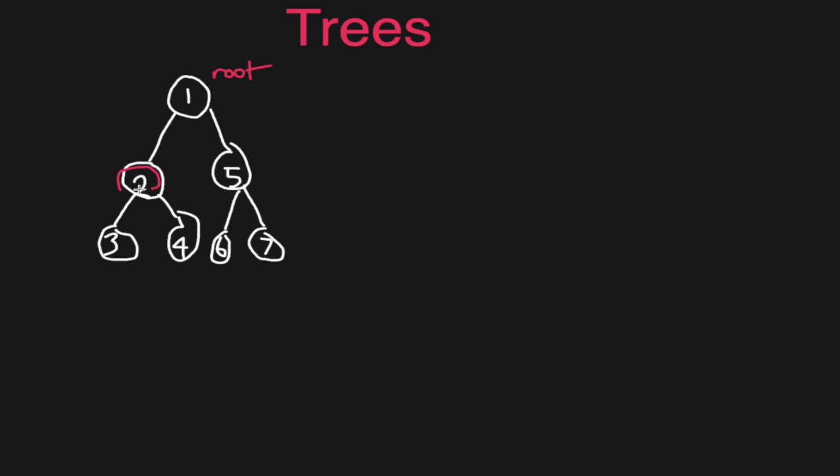If you take a look at 2, 3 and 4 are children of 2, but they're also descendants of 2. So usually you just say parent or child, or sometimes grandparent and grandchild. But if it's more than 2 levels, sometimes you just say ancestor or descendant, or what level you're on.